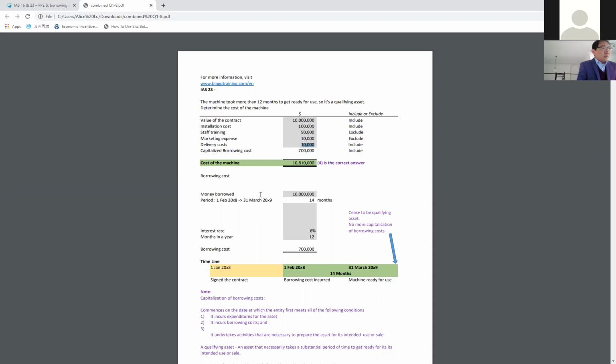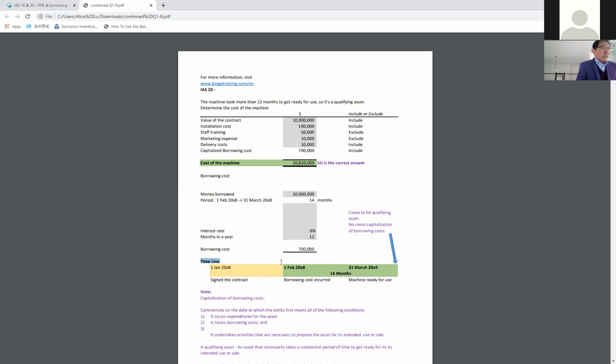Now, in terms of looking at the borrowing costs, we just need to think about from what time period these borrowing costs have been incurred. And so here, putting through a timeline, or drawing up a timeline, however you feel comfortable with, is going to be a very useful exercise, so that you can categorize when exactly expenses have begun and when they've stopped.